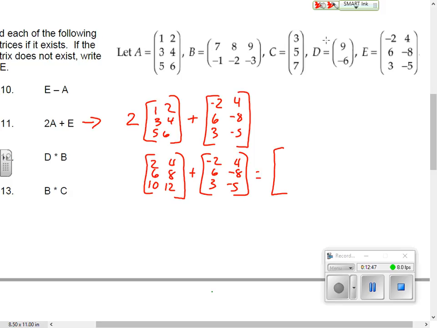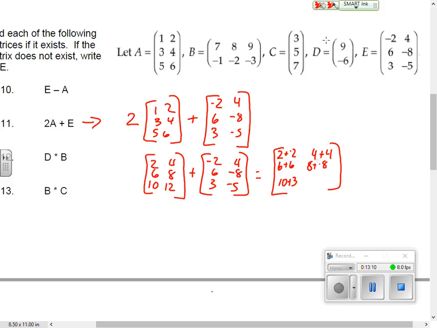Add cell 1, 1s together: 2 plus negative 2. The 1, 2s together: 4 plus 4. The 2, 1s together: 6 plus 6. The 2, 2s together: 8 plus negative 8. The 3, 1s together: 10 plus 3.